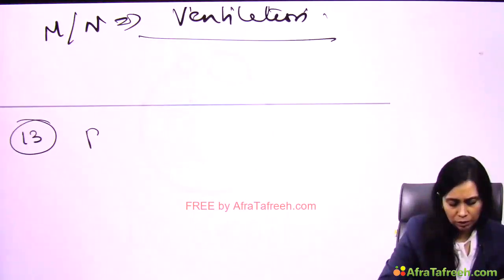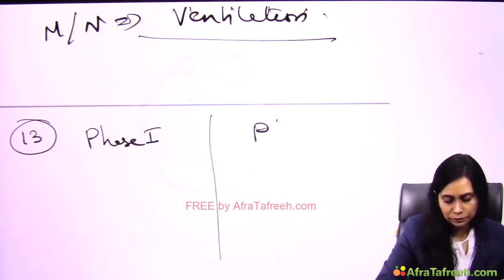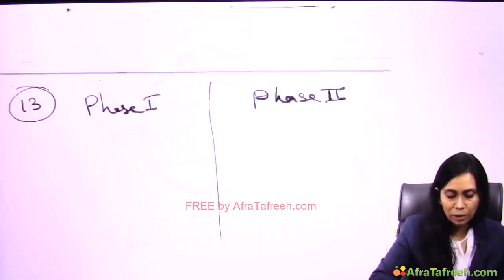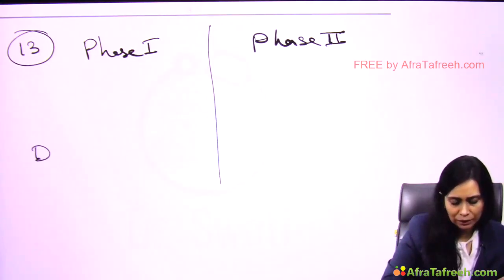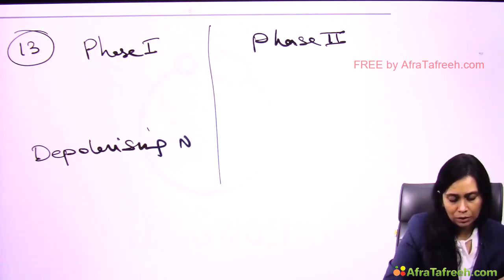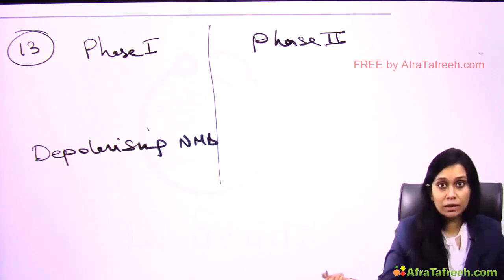Succinylcholine shows a two-phase block, phase 1 and phase 2. Whatever is normal is phase 1 block. That is, when succinylcholine is behaving like a depolarizing neuromuscular blocker, which it is, it is in phase 1 block.